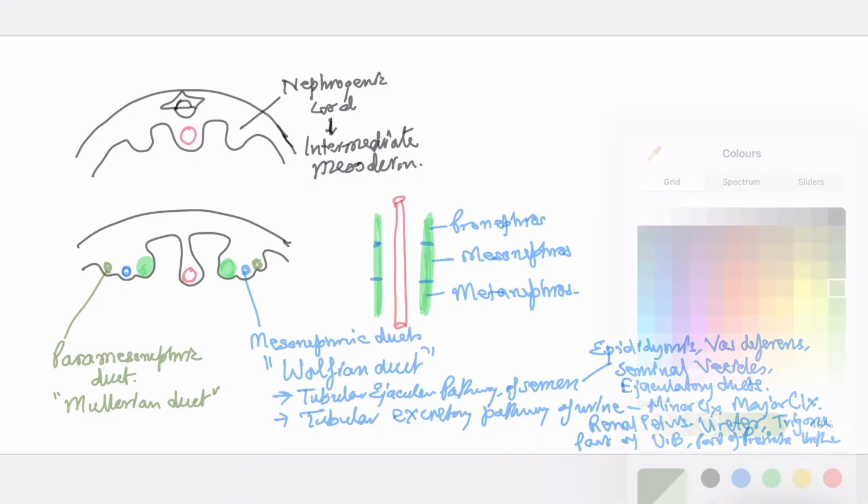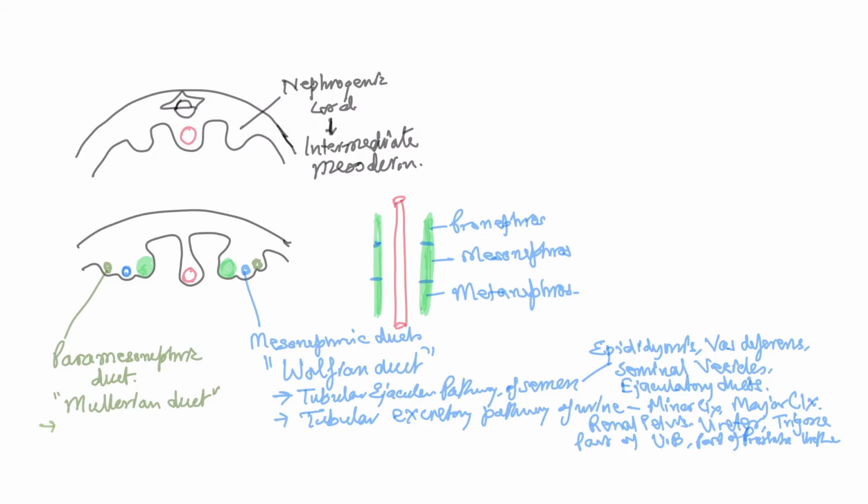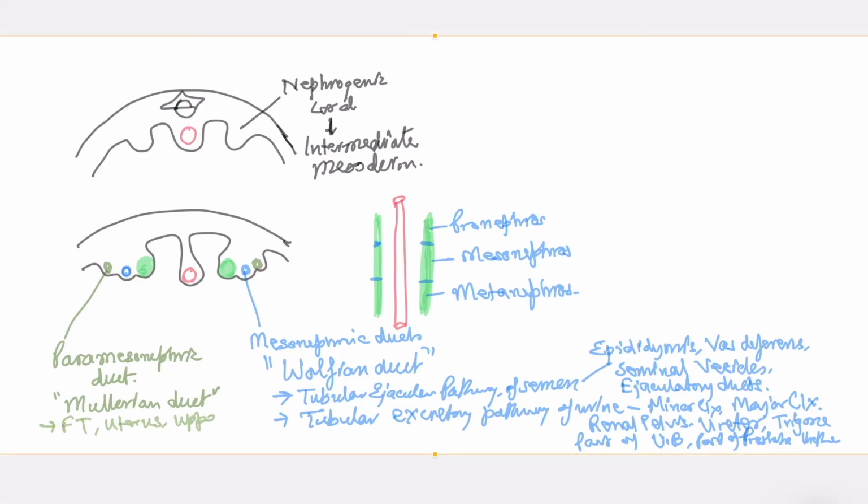Now talking about structures derived from the paramesonephric duct, the Mullerian duct. This participates in forming the female internal genital system, which includes fallopian tubes, uterus, and the upper portion of the vagina.